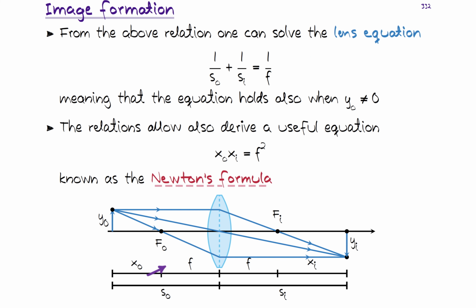So basically, if we would have xo between the lens and the first focal plane, then we would know that xi should also be a negative quantity, because otherwise this equality would not be able to hold, because we would have a negative number on the left-hand side and still a positive number on the right-hand side.